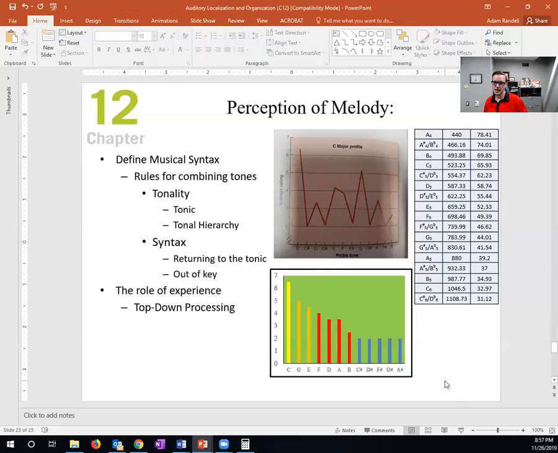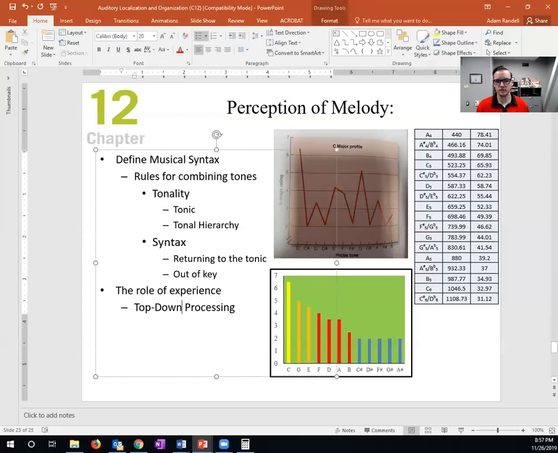Now, finally, we know that top-down processing affects your perception of melodies.